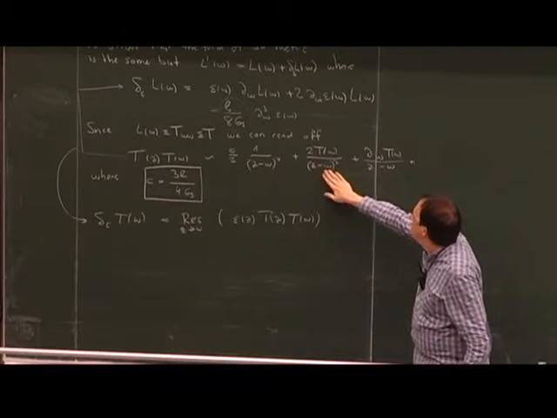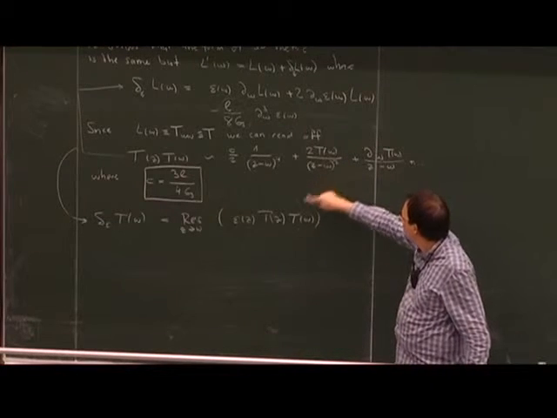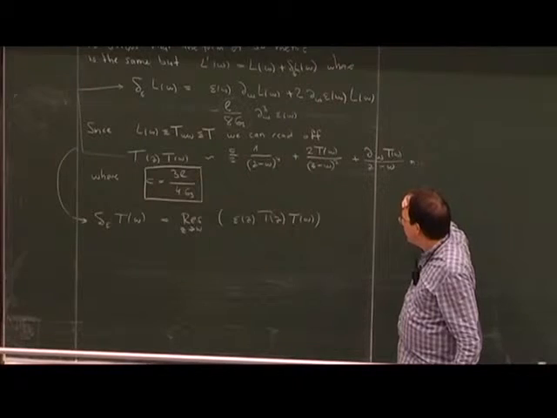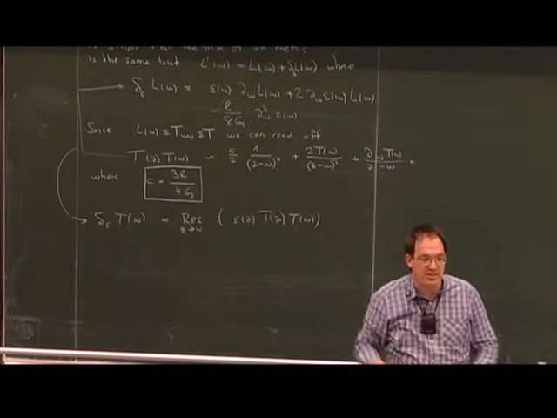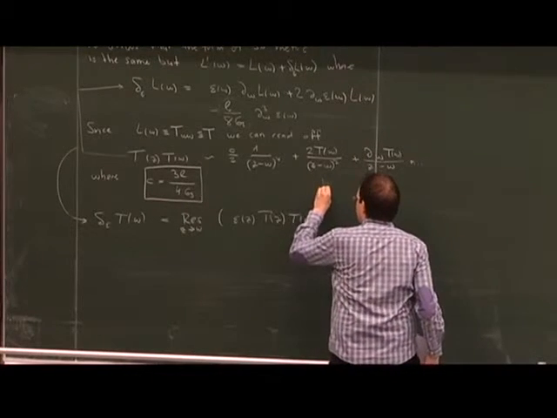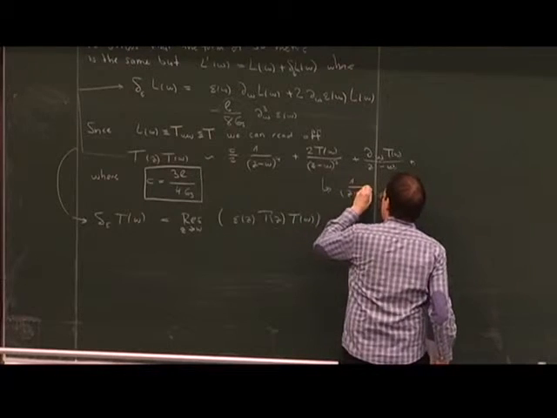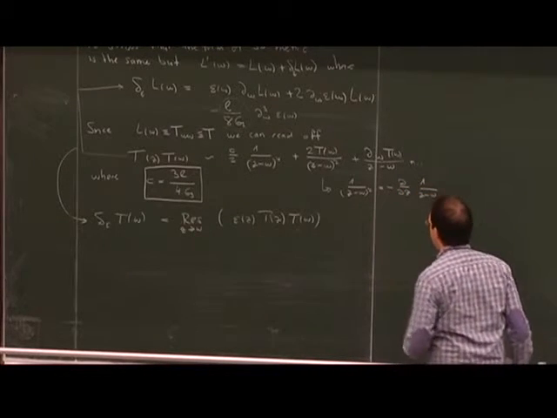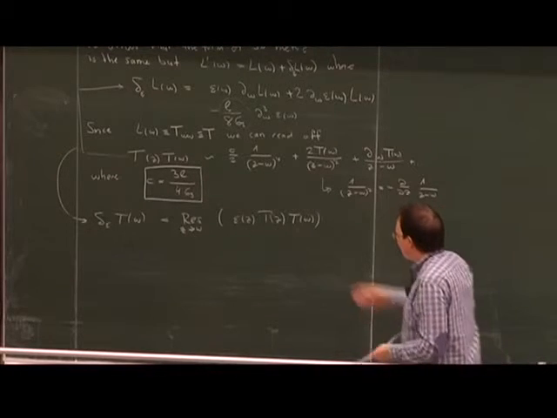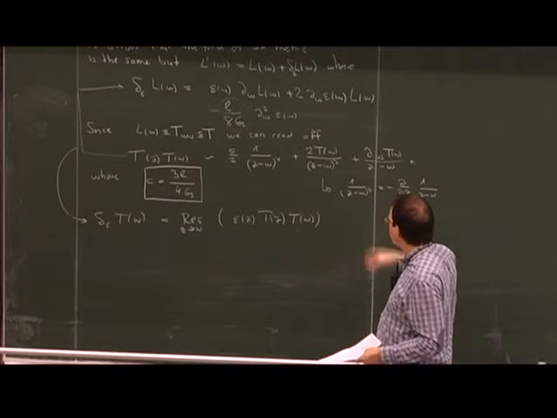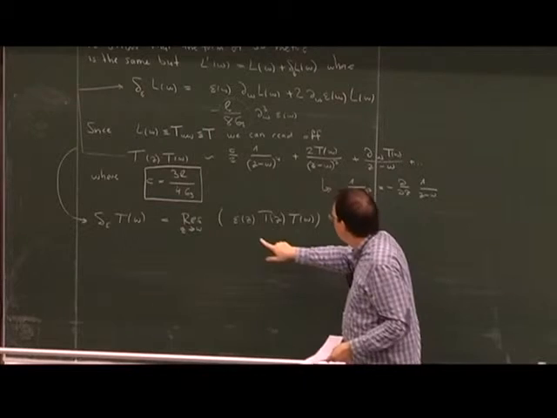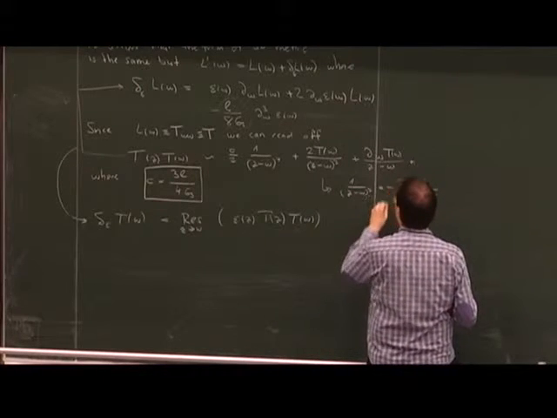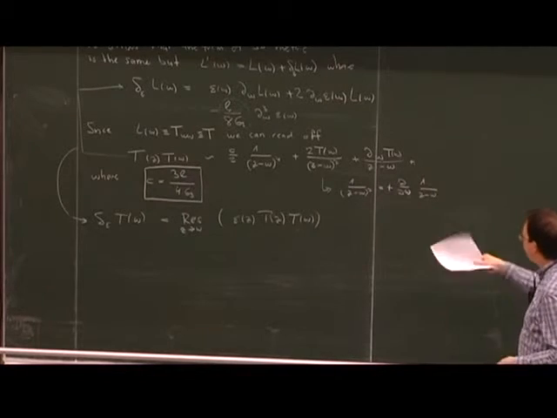Okay, let's do it for this term here. Here we have 1 divided by (C minus W) squared, and we have 2T of W times epsilon of C. Now you think that the residue is 0 because there's no 1 divided by (C minus W) term. But what you can do is write this term as d/dW of 1 divided by (C minus W).